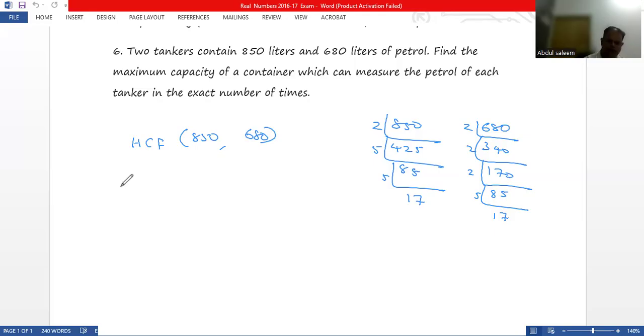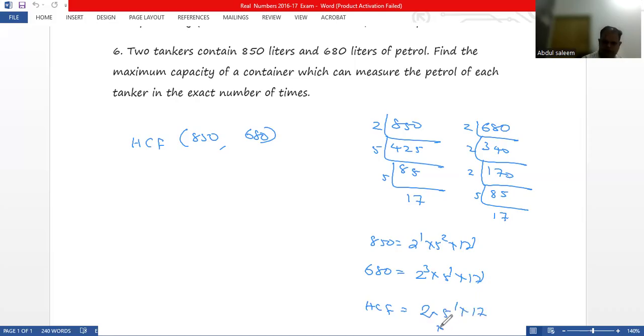So 850 equals 2 one time, 5 two times, 17 one time, and 680 equals 2 three times, 5 one time, 17 one time. So the HCF takes the minimum powers: 2 one time, 5 one time, 17 one time.